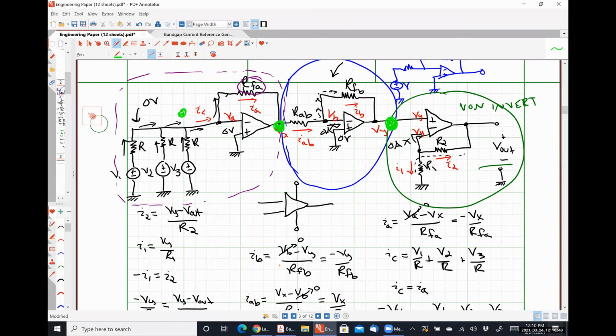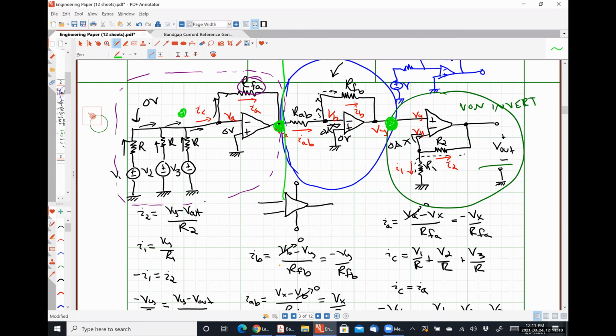So again, ignoring everything to the right of the green line, that is obviously an inverting summer because there are multiple input signals being applied to the inverting input terminal, and they all have the same weight. That's why it's not a weighted inverting summer.